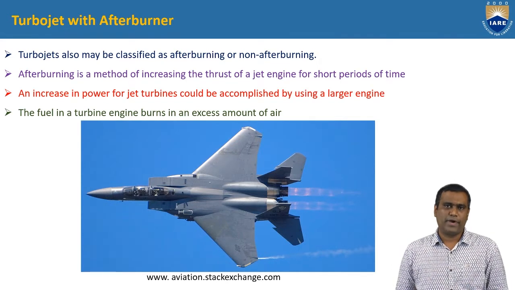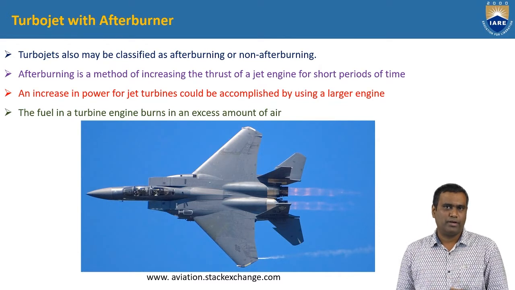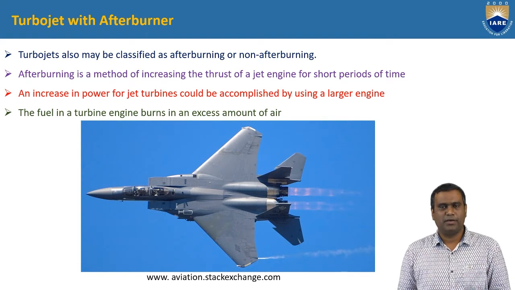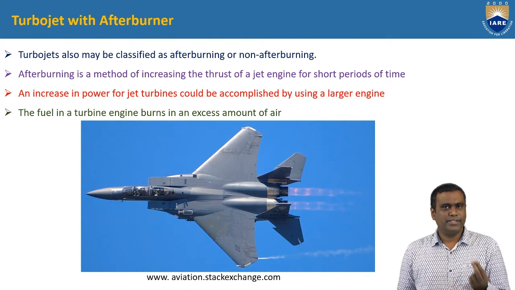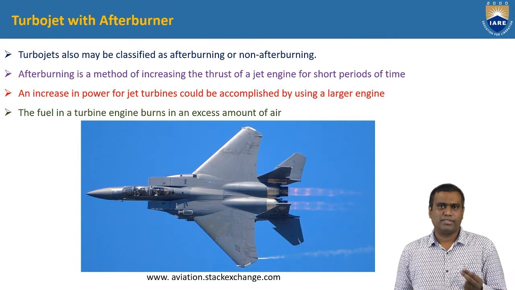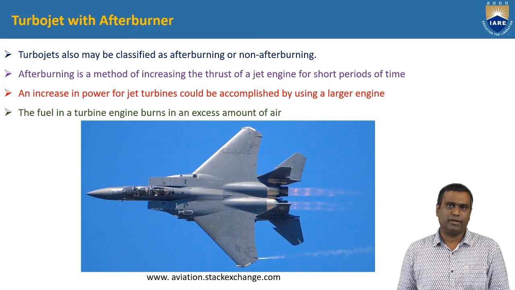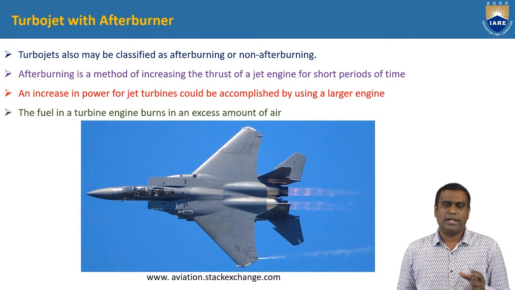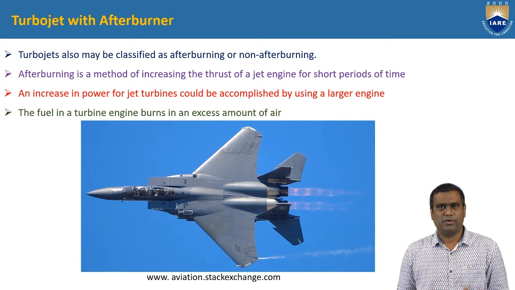Actually, fighter aircraft, when they are supposed to fly at higher speeds, like when they want to achieve supersonic speeds, at the time when it reaches the speed of sound, a sudden increase in drag would be there. So the pilot needs extra thrust to counter this increased drag at the speed of sound.